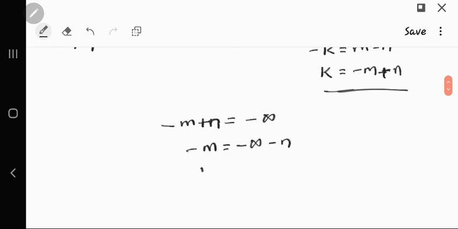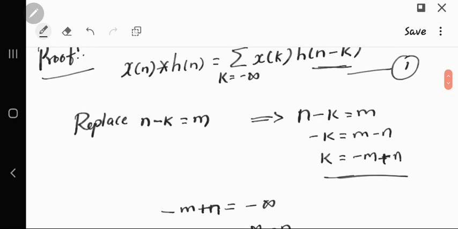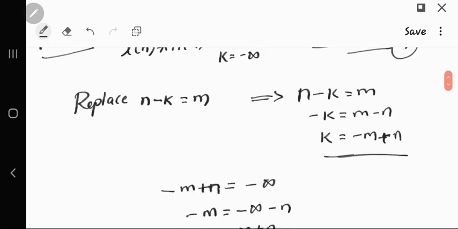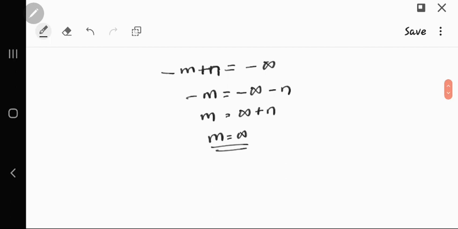If you multiply by minus, you get m is equal to plus infinity plus n. Anything added to infinity gives infinity itself, so m is equal to plus infinity. This will be the lower limit. The same thing happens to the upper limit, and we get m is equal to minus infinity. So the limits won't change, they remain as they are.